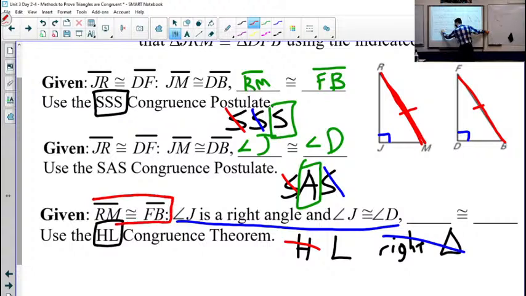So I've got the hypotenuse. I know it's the right triangle, so the information I'm missing is the leg. The legs are the two sides that build the right triangle, so I can use either of the sides. So I'll just pick one. Let's pick these two, R to J and F to D.